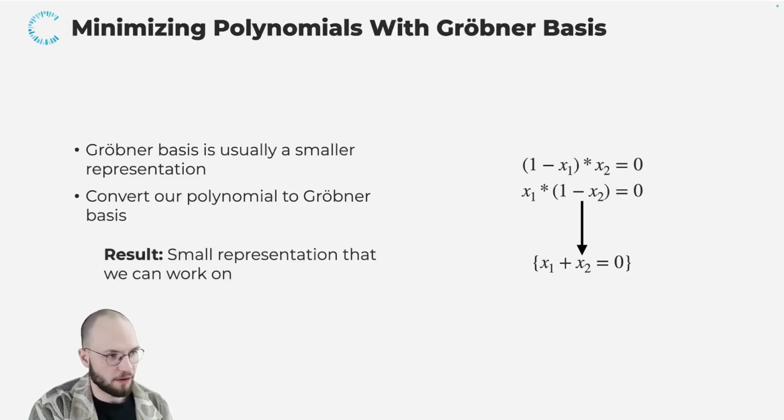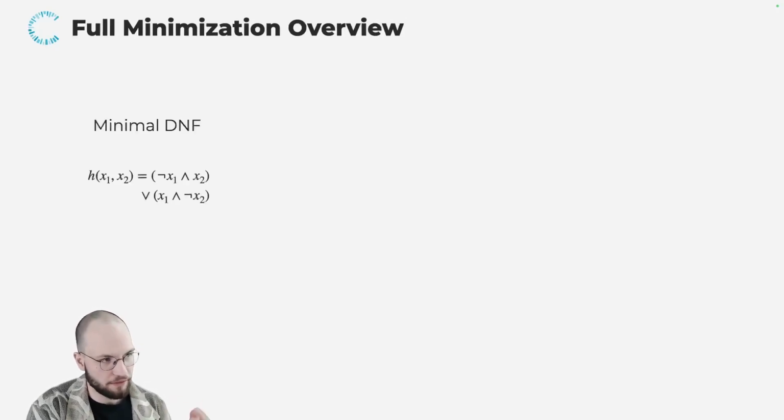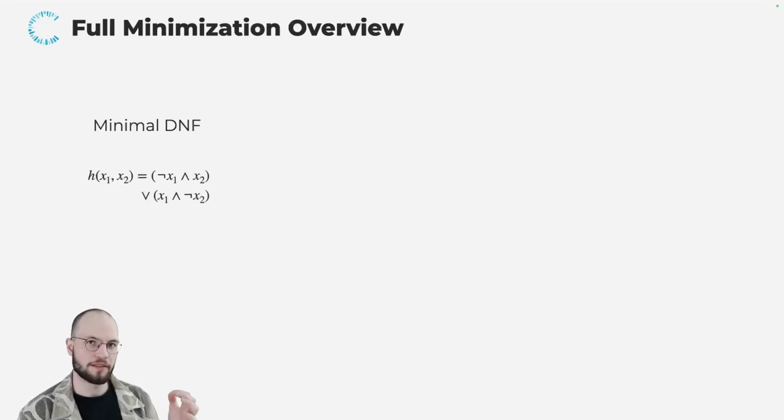And this is then a small representation that we can work on, that we can unfold again into a formula and further minimize. And how does that look? Well, the full minimization starts with a minimal DNF that we built from our measurements, which is basically the truth table just concatenated together into one DNF formula.